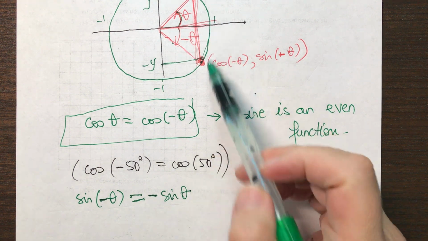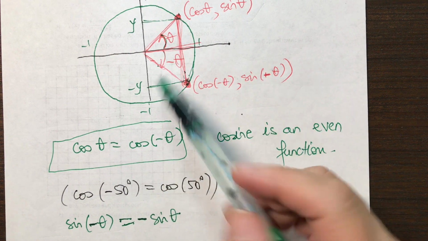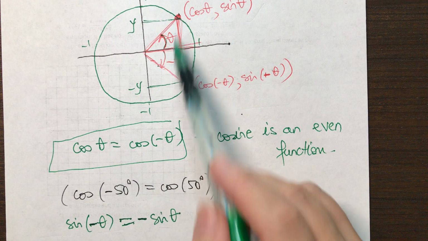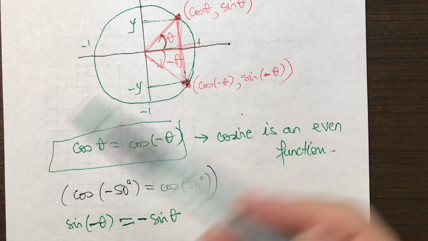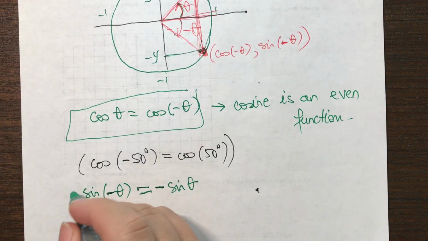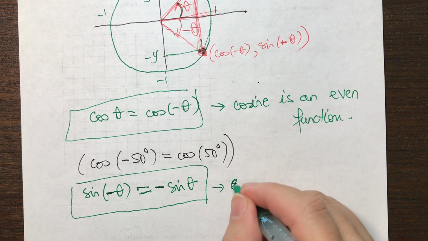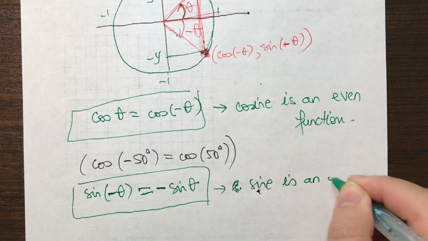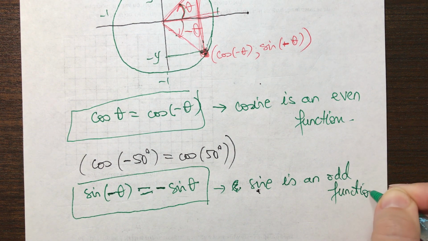Remember, cosine is positive in the first and fourth quadrants, but sine is positive here and negative in the fourth quadrant, where there's a negative y value. They're exactly the same number, but opposites of each other. We call this an odd function, so sine is an odd function.